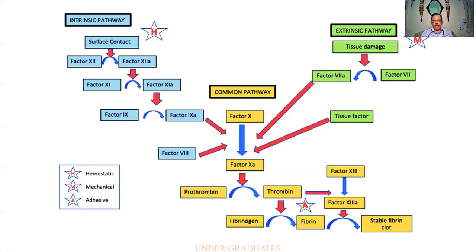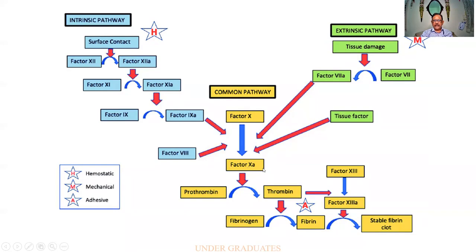Cascade means a rolling over, one leading on to the other. For example, factor 12, 12A. A means the activated form. 11, 11A. 9, 9A. And then factor 10 becomes 10A. These can be the enzymatic factors. Factor 8, factor 9, or even factor 6, and the tissue factor.